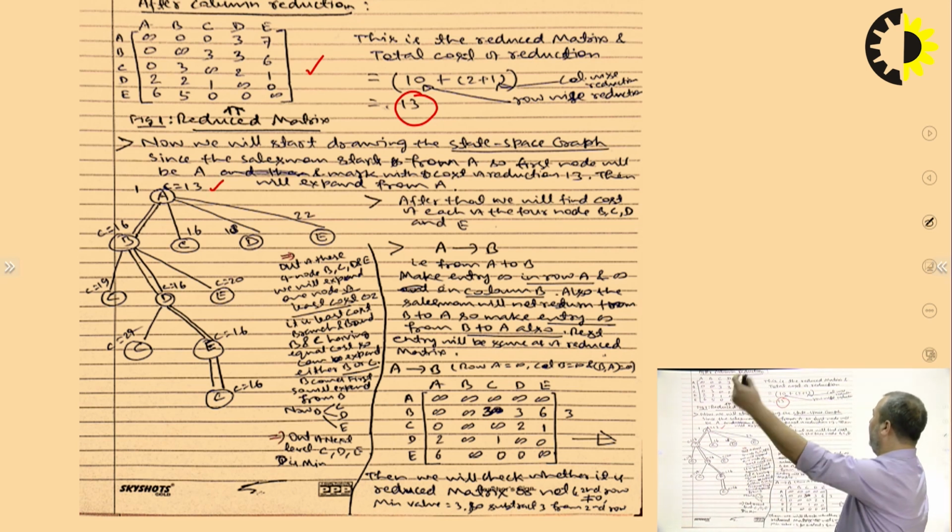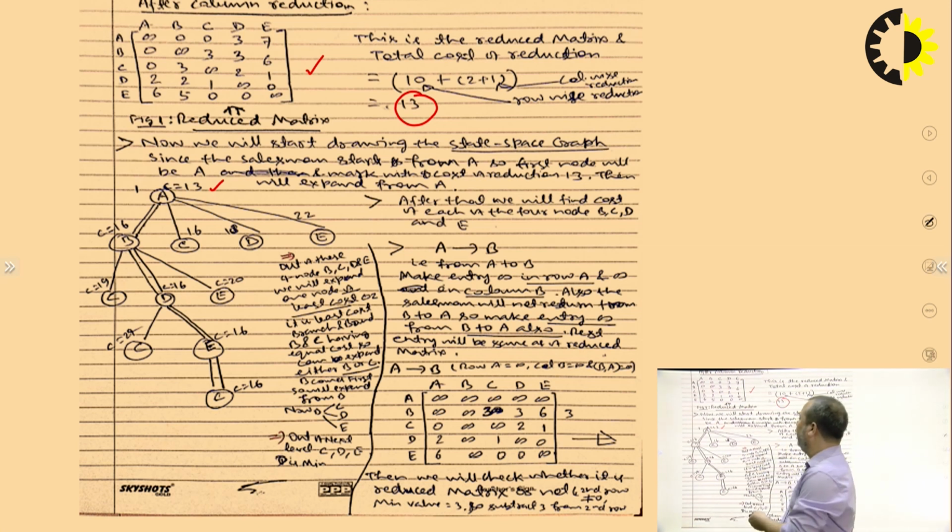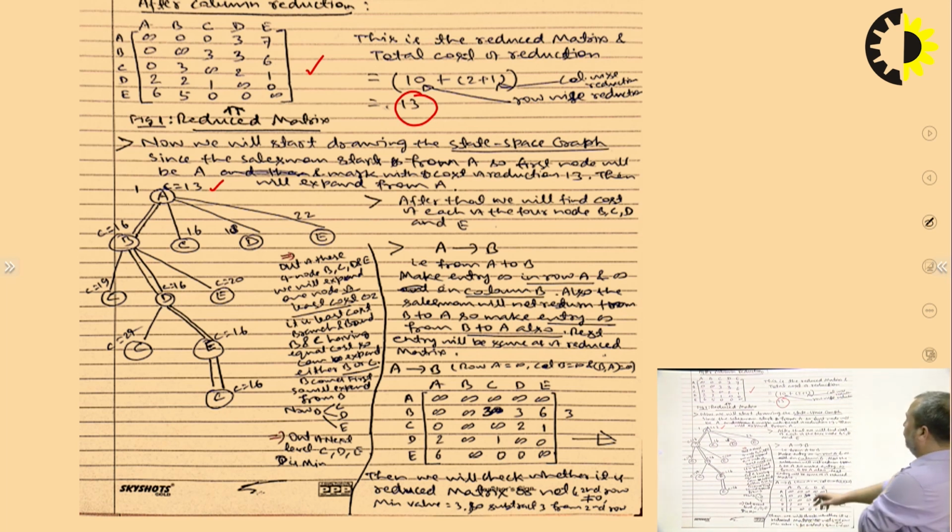Now from A, we can visit any city because connectivity from every city to all other cities is there. So from A, we can visit A to B, A to C, A to D and A to E. So what will we do next?